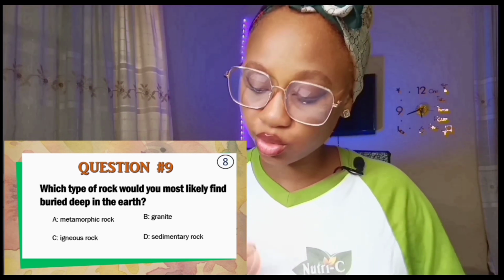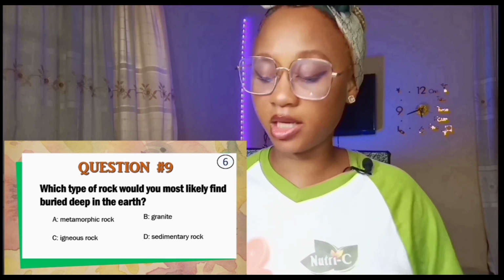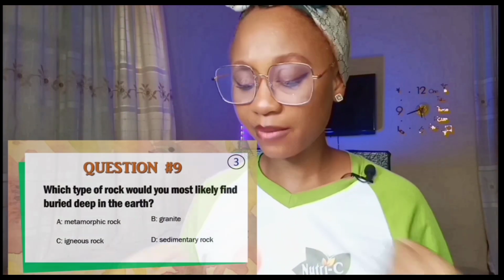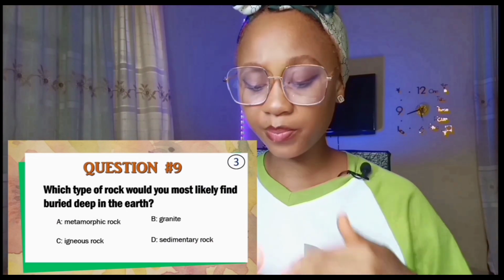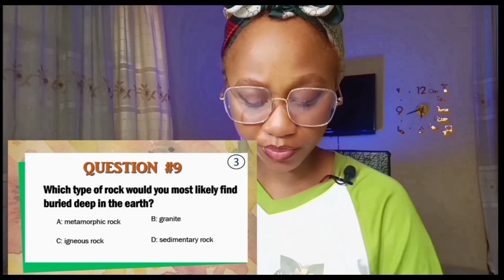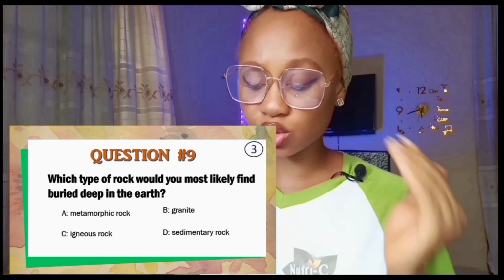Which type of rock would you most likely find buried deep in the earth? Now they're taking me back to my geography days. The type of rock buried deep in the earth. Igneous. I think igneous is the strongest rock. Sedimentary has to do with when all these dead plants and animals have died and decay and turn into rock.